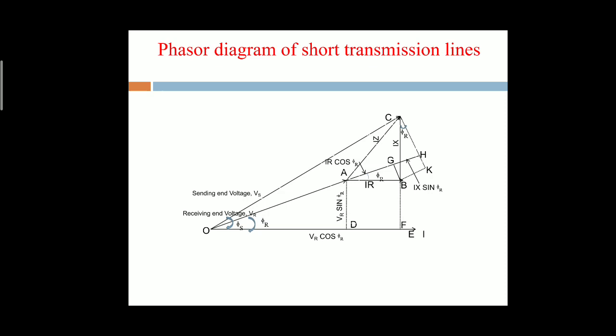While transmitting this power, how much voltage drop is obtained and what is the efficiency of the power transfer, all of that will be calculated by using this phasor diagram only.